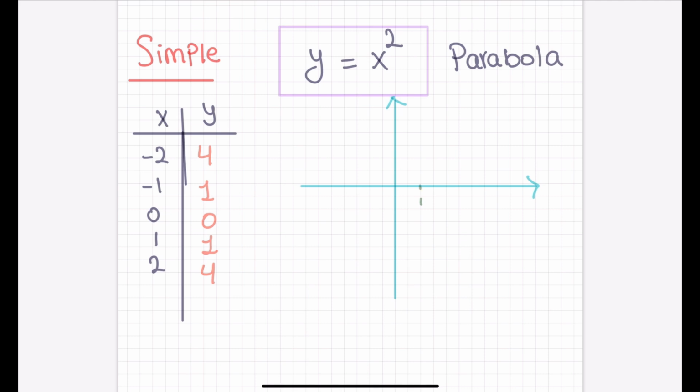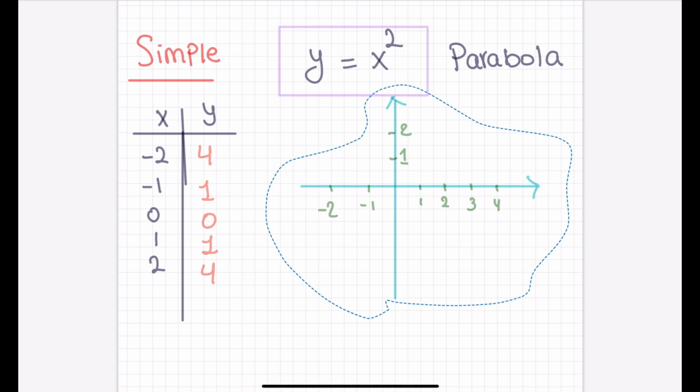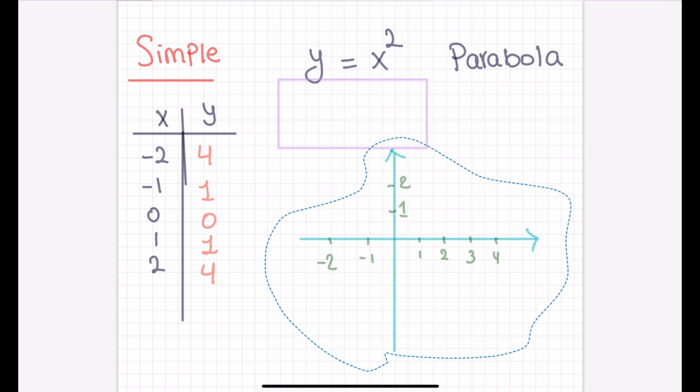So I'm gonna test 1, 2, 3, 4, -1, -2. Here we have 1, we have 2. I don't have enough space, so let me break this a little bit down.